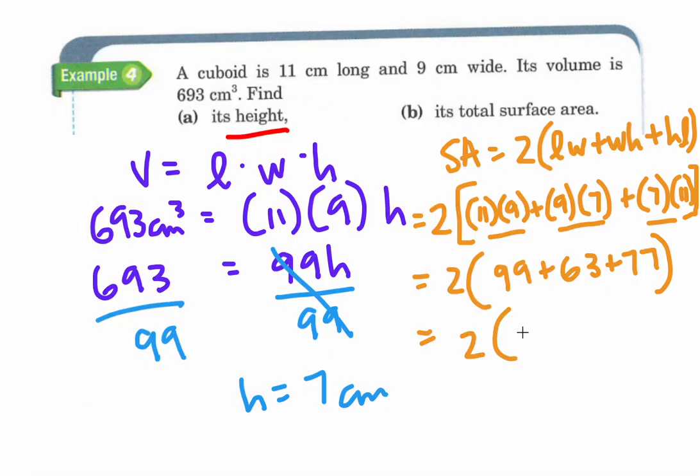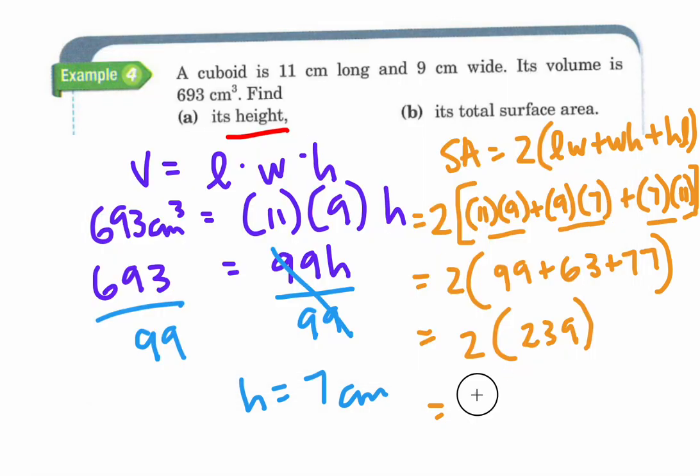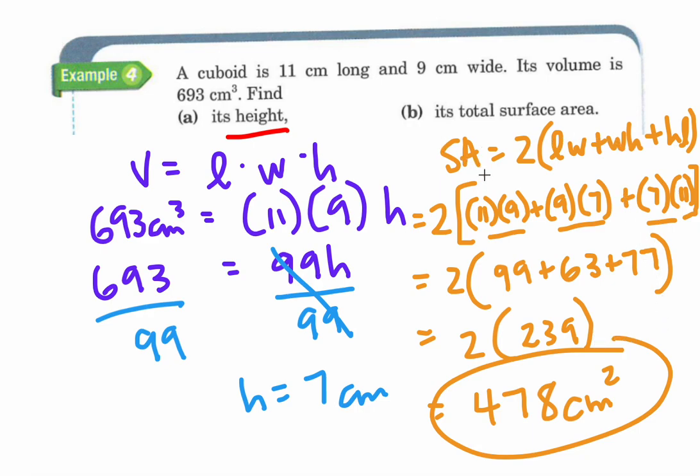So 2 will be multiplied by 239, that sum. 239 times 2, and that's for each of those repeated sides, 478. This is going to be centimeters squared because it's surface area, which is that net, so it only has 2 dimensions. It lays flat. Those are your 2 answers.